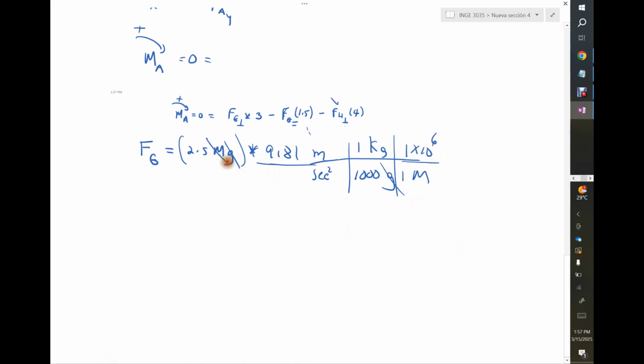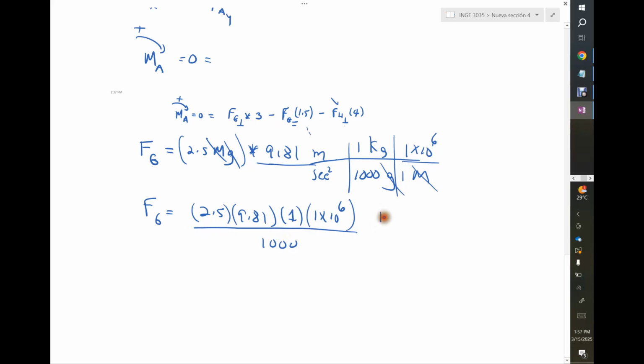So this M cancels with this M, and you end up with FG equal 2.5 times 9.81 times 1 times 1 times 10 to the 6, and all that divided by 1,000. You pick all the units here, so you end up with kilograms meter per second squared, and all that obviously is a Newton. So FG for our problem is what it is.